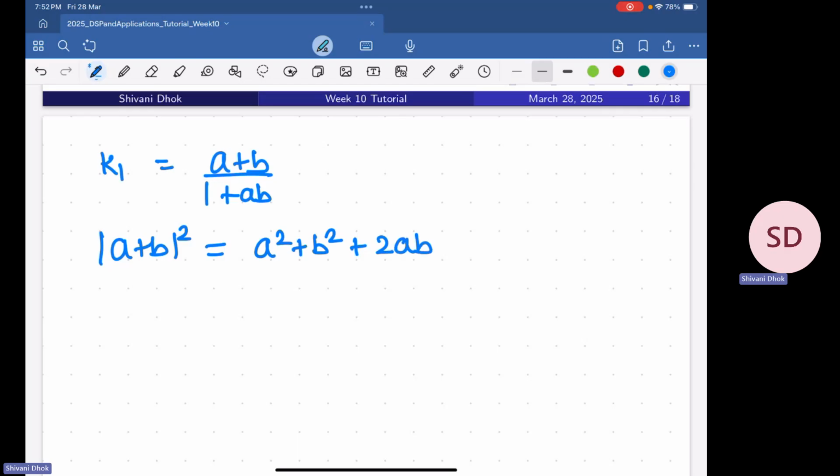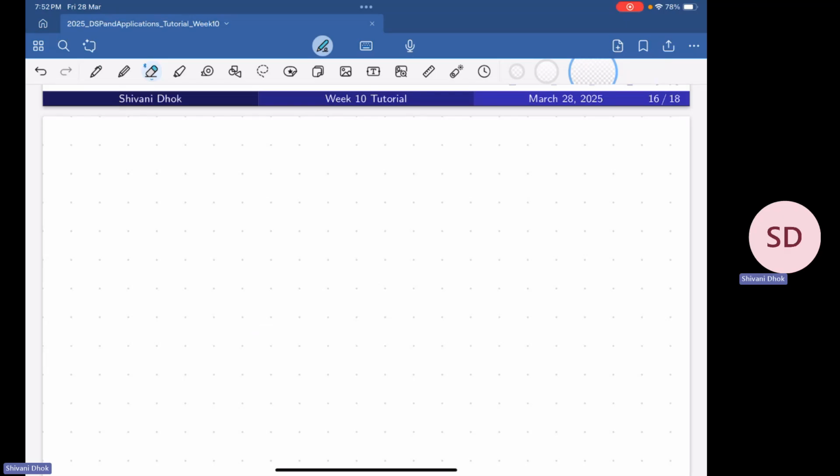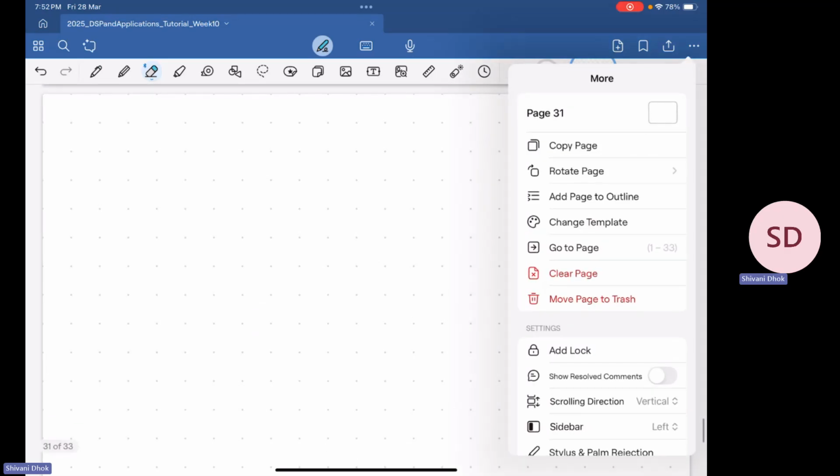Now, we have the magnitude of a is less than or equal to 1. So this is less than or equal to 2 times (1 plus ab). Let's not do it right now. I'll post the mathematical view of this online in the portal.